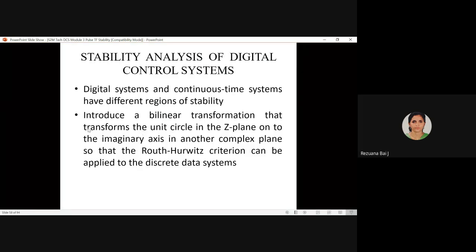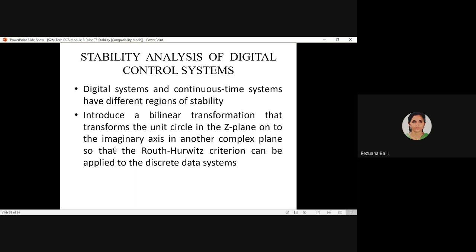The first step is to analyze. Already we have done the BIBO stability analysis. That's what was done in the last class. To analyze using Routh-Hurwitz, you will be given a characteristic equation or a transfer function in terms of Z, because you need to analyze the digital control system stability.